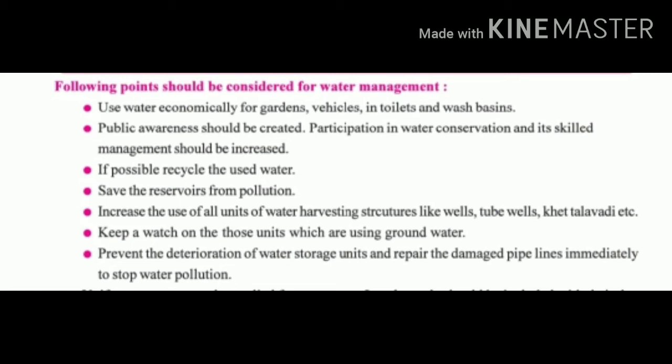Next, fulfill the domestic water requirement during summer and during long dry spells. Next, fulfill the increasing demand of water. Last but not the least, make arrangements to store rainwater in underground tanks in multi-storey residences in large cities, or arrangements should be made so that the water percolates into the ground.